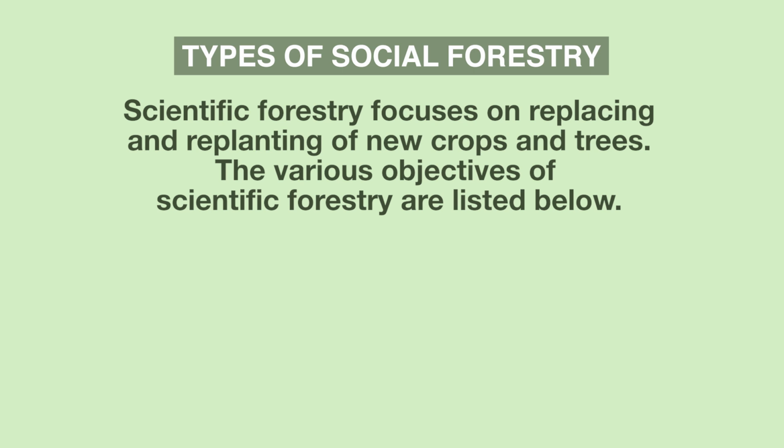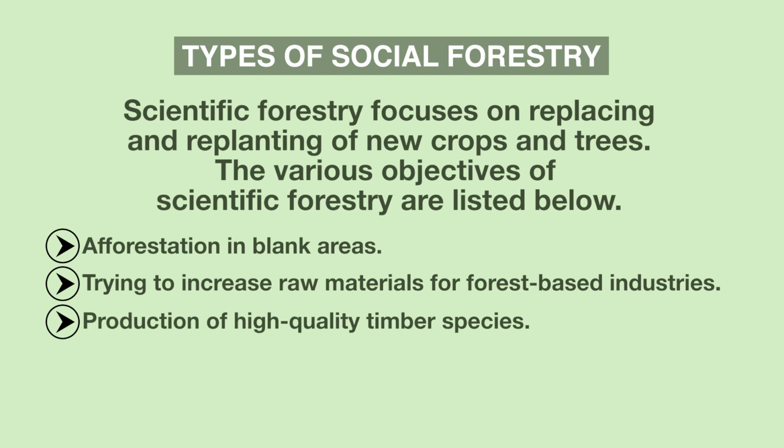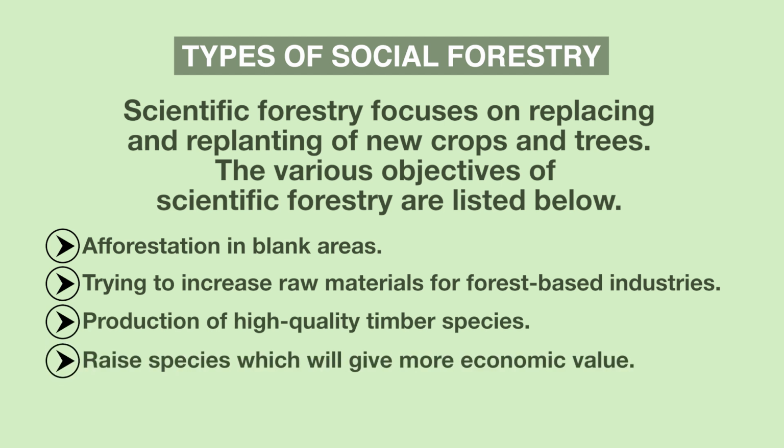Also known as silviculture, the various objectives of scientific forestry are afforestation in blank areas, trying to increase raw materials for forest-based industries, production of high-quality timber species, raise species which will give more economic value, and ensure soil conservation.